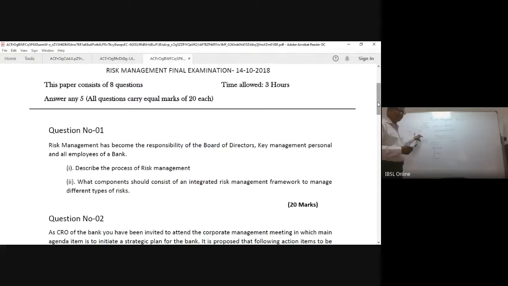Therefore, the regulator from time to time issues directions and various circulars, and we need to abide by those. Non-compliance or non-adherence to these circulars and directions will lead to compliance risk.